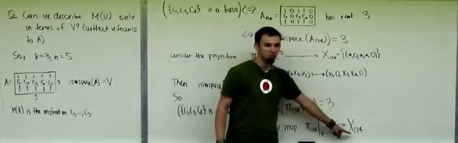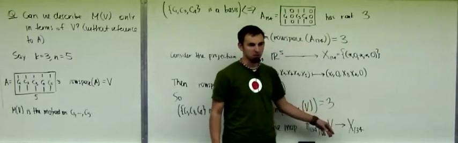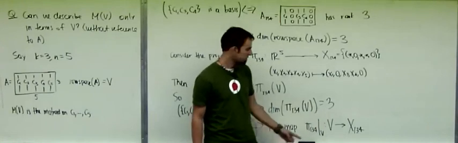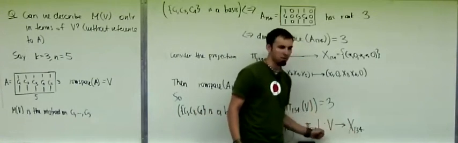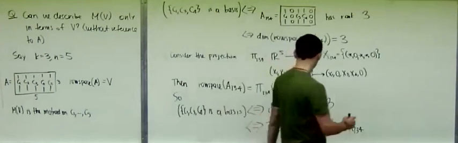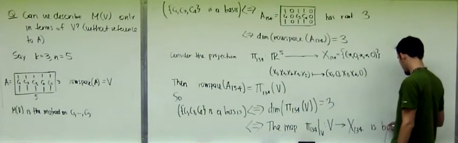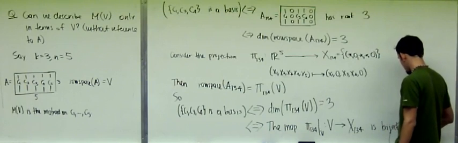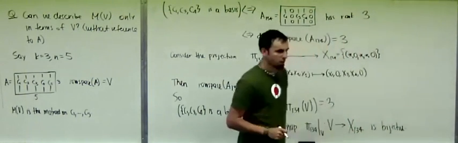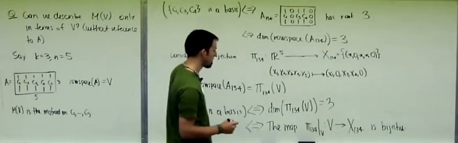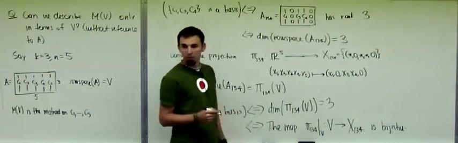The image of this map is three-dimensional if and only if this is an isomorphism. It's a bijective map between these two three-dimensional spaces. So this is true if and only if this map is bijective. Any questions about this so far?